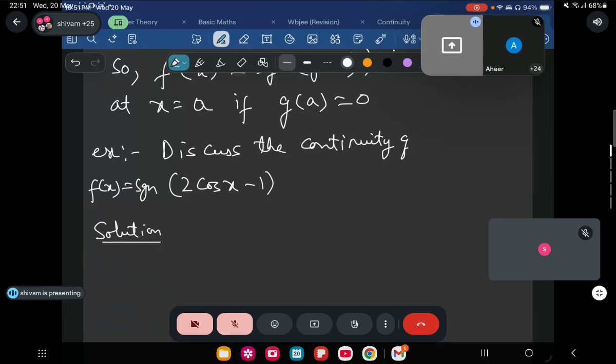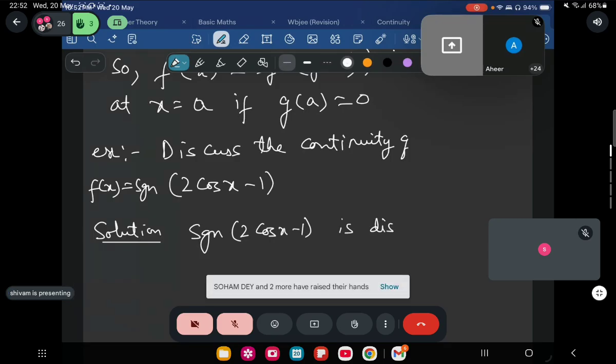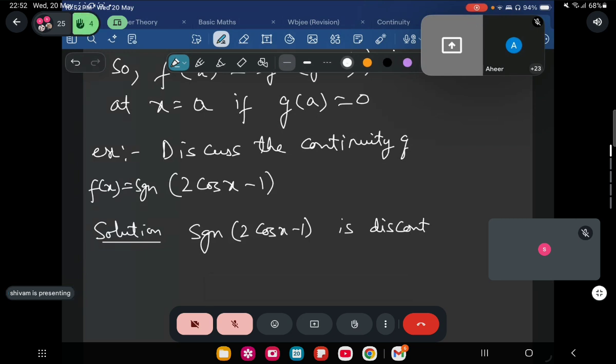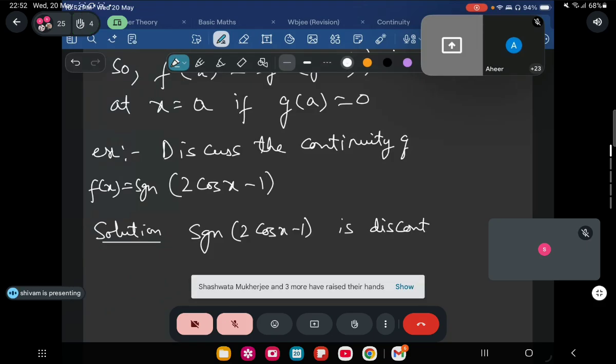Can I say that signum function of 2 cos x minus 1 is discontinuous? Yes, somebody is raising the hand. Let's see. Yes, Adrija, tell me, where is it discontinuous?